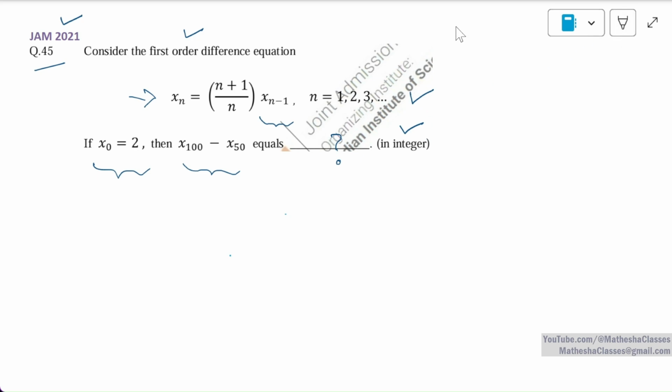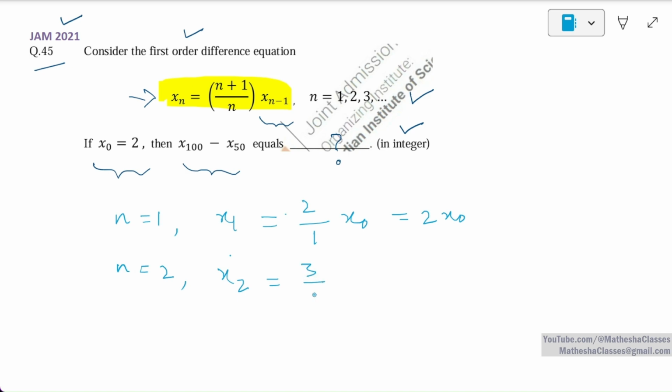So what we'll be doing here, we'll start by putting different values of n in this relation. If you put n = 1, you will get x_1 = 2/1 x_0, that means 2x_0. If you put n = 2, you will get x_2 = 3/2 x_1, and from the previous relation we know x_1 = 2x_0, that means x_2 = 3/2 times 2x_0, so 3x_0.